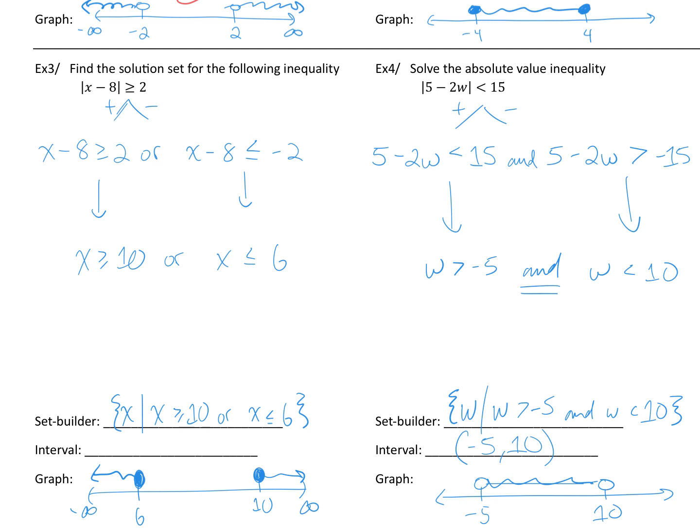I can see two intervals here. The or, remember, translates over into a union in the interval notation. So this would be negative infinity to 6, union 10 to infinity. That's it.